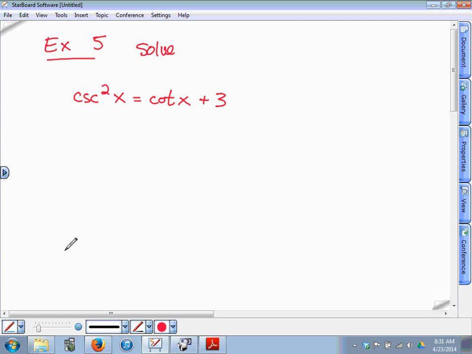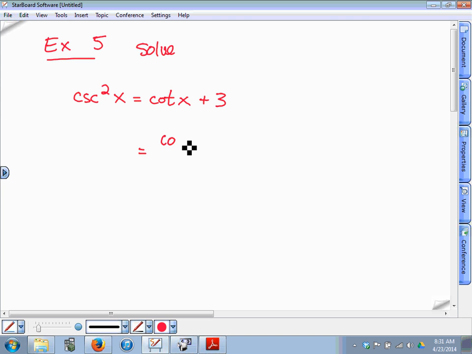Yeah, I would much rather not have cosecants and cotangents in there if we can avoid it. What is cotangent? Cosine over sine. You're right. It's cosine over sine. And we could do that. We're going to have to do that.